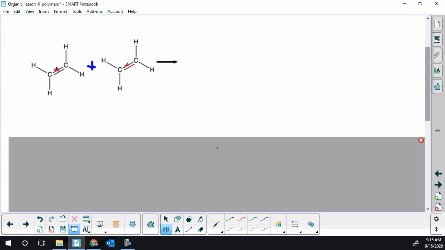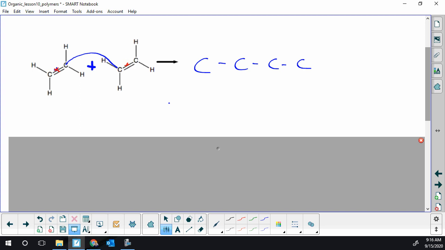When this bond breaks, we get an extra bonding capacity spot here and here, and this carbon is going to connect to that carbon. It's also the carbon on the end of the double bond. So make sure you connect a carbon at the end of a double bond to another carbon at the end of a double bond. So we'll end up getting 1, 2, 3, 4 carbons all connected.